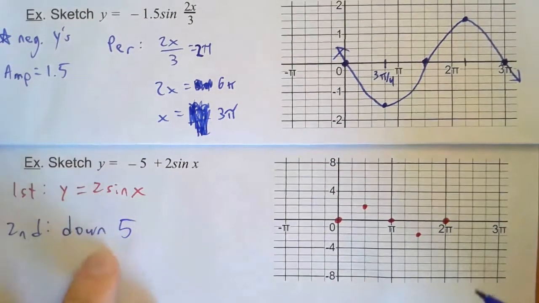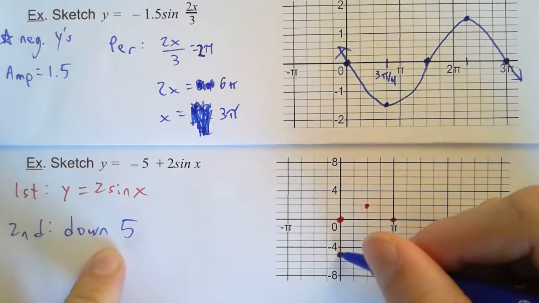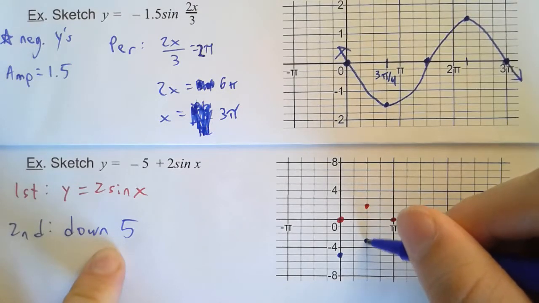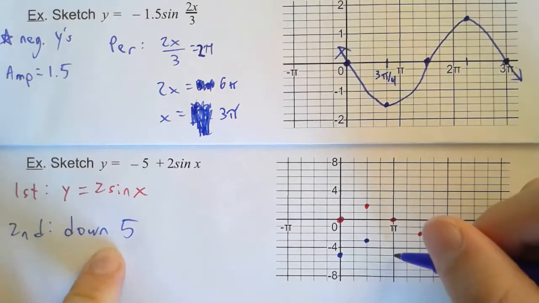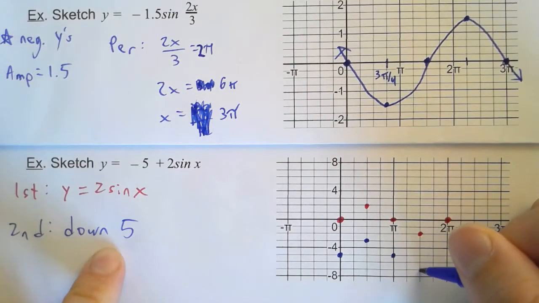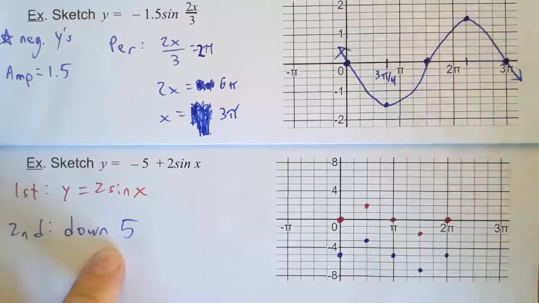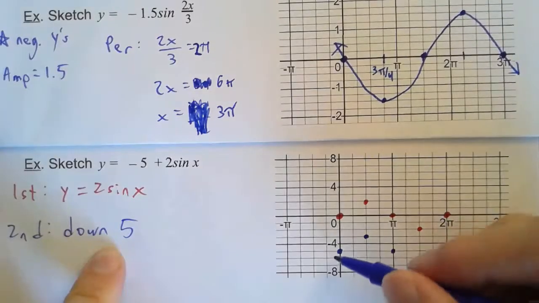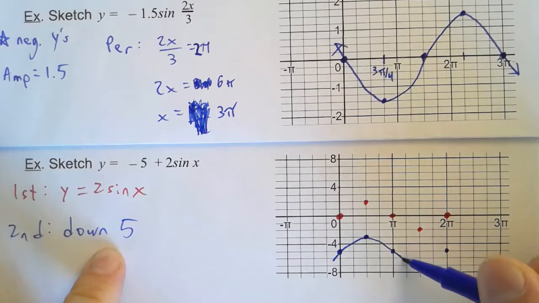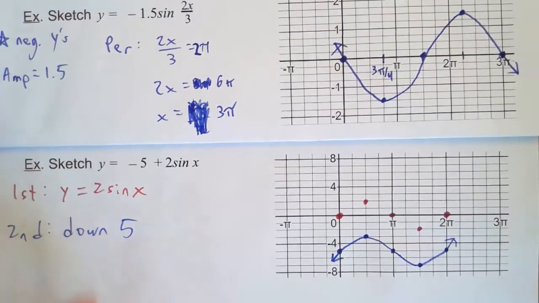Then I take each one of those points and shift them down 5. 0 minus 5 is -5. 2 minus 5 is -3. 0 minus 5 is -5. -2 minus 5 is -7. 0 minus 5 is -5. Then don't forget to connect the dots, and that's what this graph would look like.